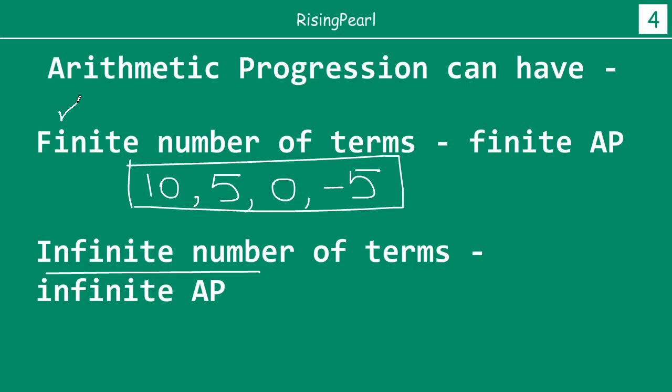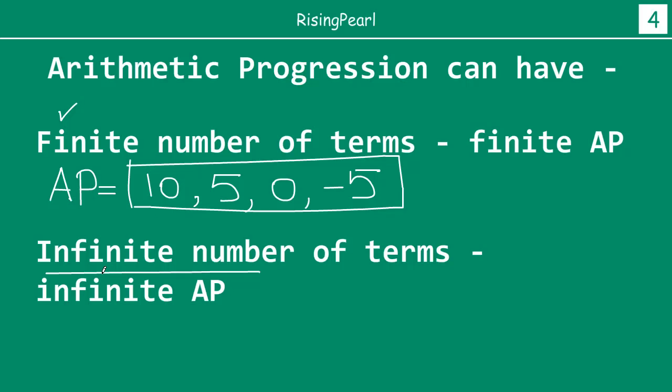What is the meaning of the word finite? Finite means it's a fixed number; you can count it. We represent arithmetic progression by AP in abbreviated form. So AP equals 10, 5, 0, minus 5. This arithmetic progression has 1, 2, 3, 4 terms, so it has a finite number of terms, right?